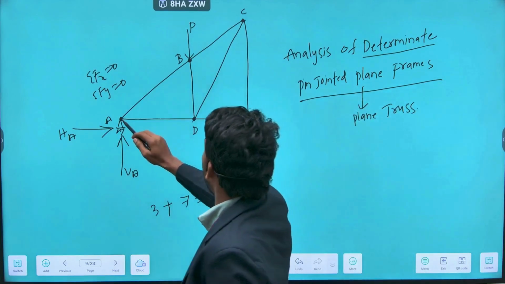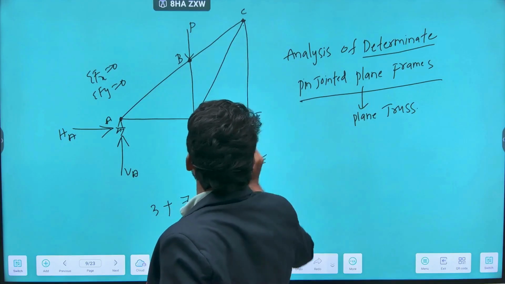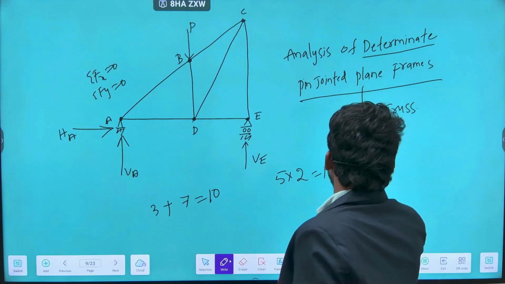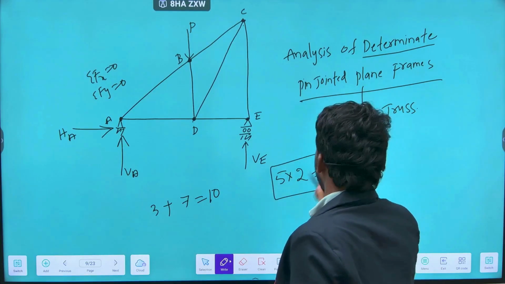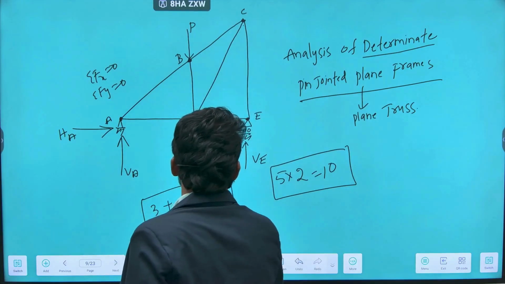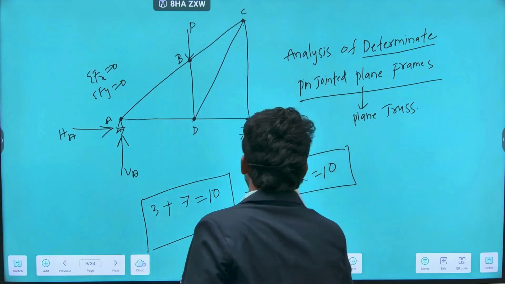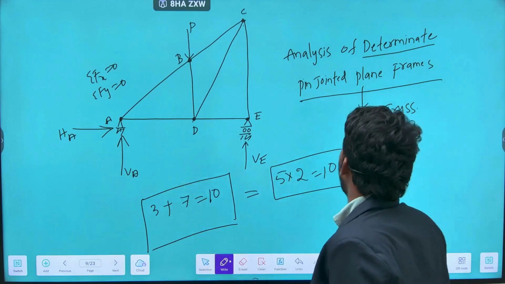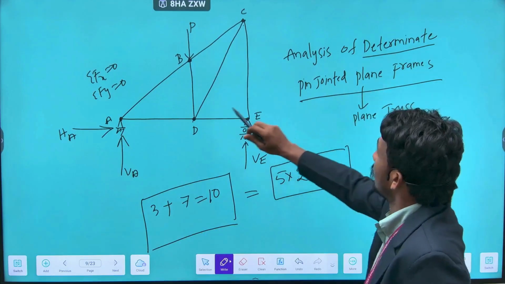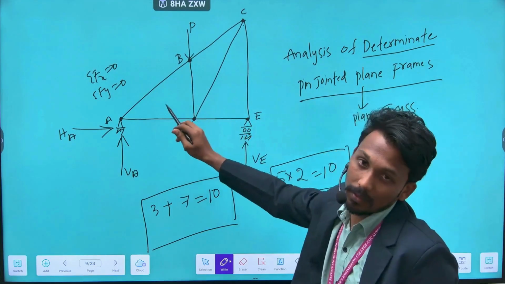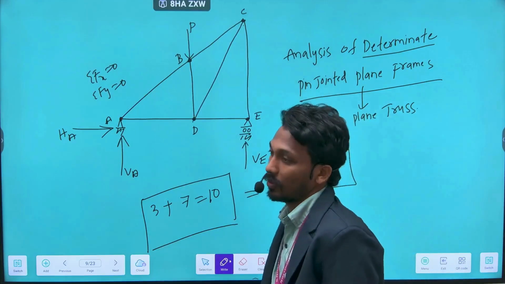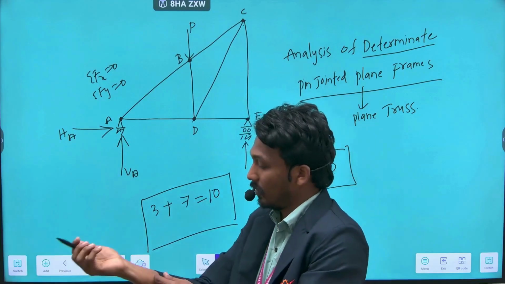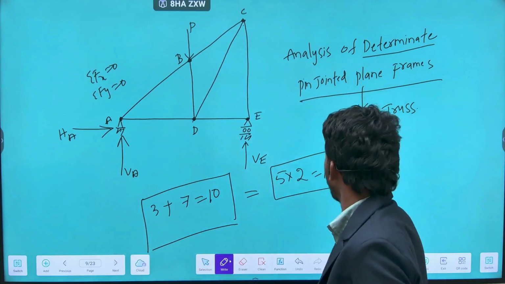In total we have 1, 2, 3, 4 and 5 joints, so 5 into 2, 10 equilibrium equations. So the total number of available equations equals the total number of unknown forces. So this is a determinate structure, a pin jointed plane frame. Now we start the analysis, that is the calculation of unknown forces.